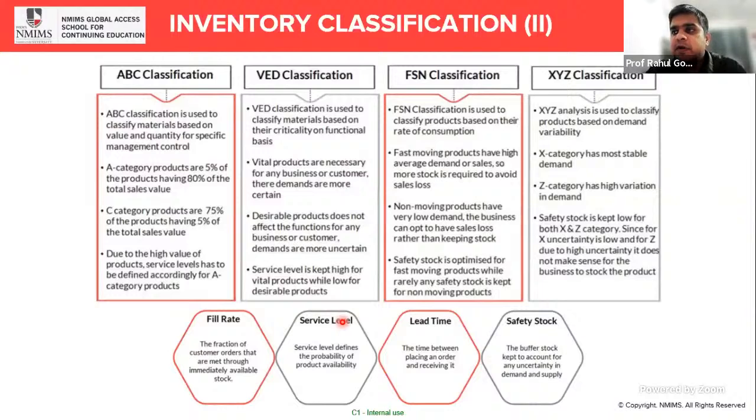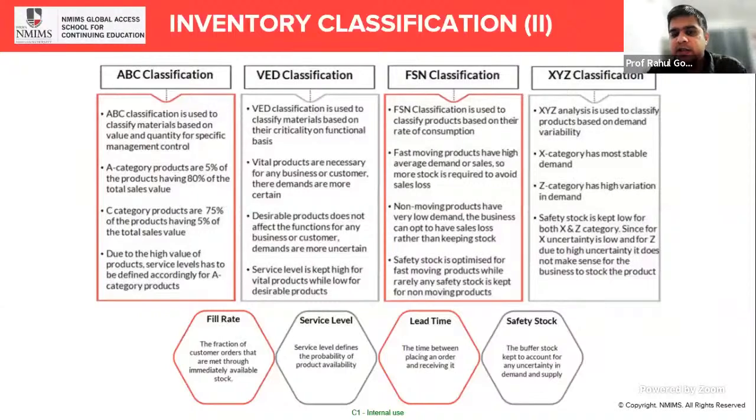If it's an ABC classification, would you want to offer the maximum service level to your customers for A class SKUs or C class SKUs? A class, right? No brainer.